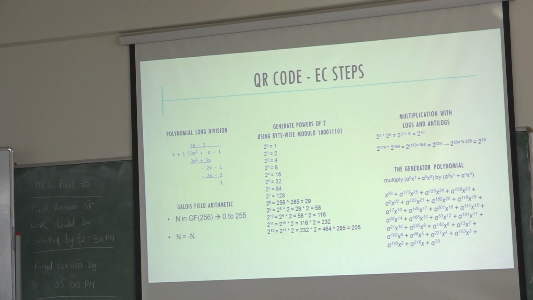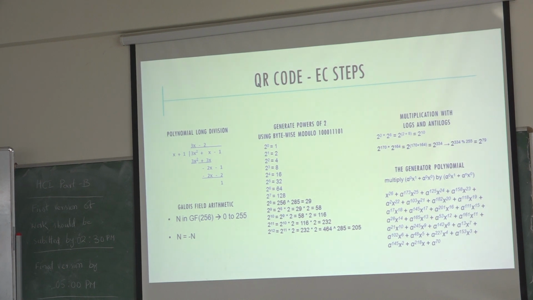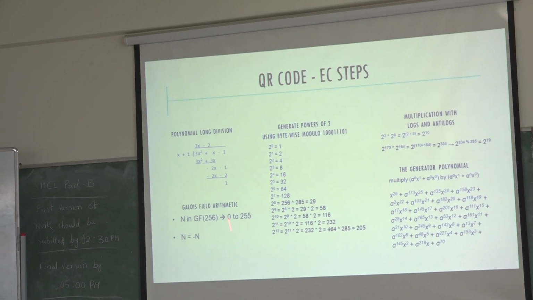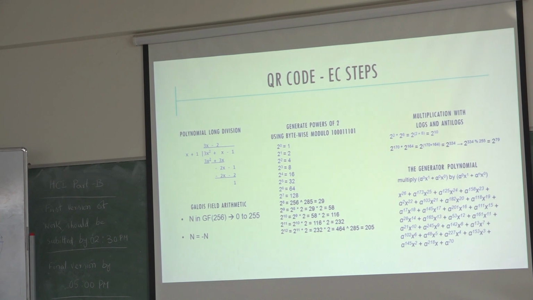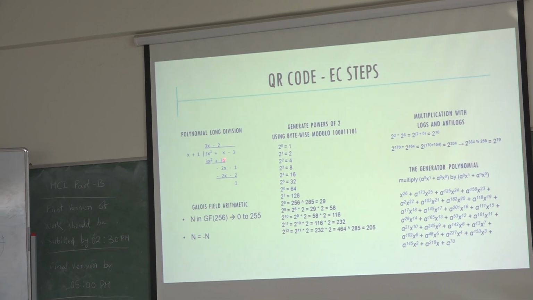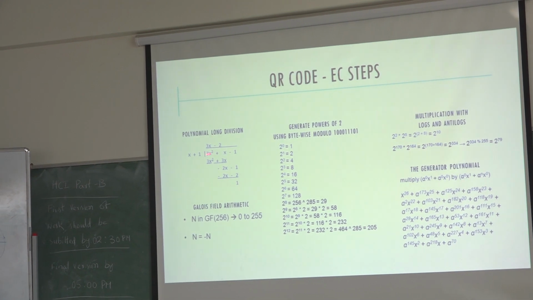Error correction steps. For the Reed-Solomon technique, whatever is required for the error correction code generation, only those mathematical steps are followed. First, polynomial long division, which maybe we are all aware of. The message polynomial, we have to divide with the generator polynomial.